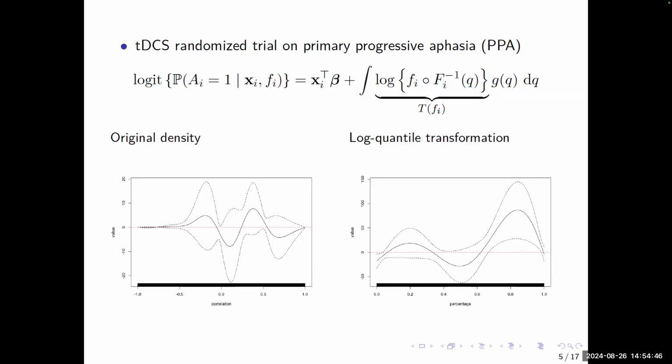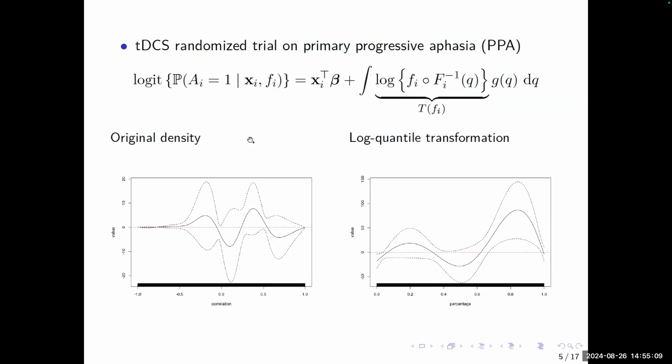We applied the scalar on distribution approach to a transcranial direct current stimulation randomized trial on aphasia patients. We reversed the analysis a little bit: we have the binary treatment assignment as the outcome, and we try to see if we can use the functional connectivity density distribution to predict the treatment assignment.